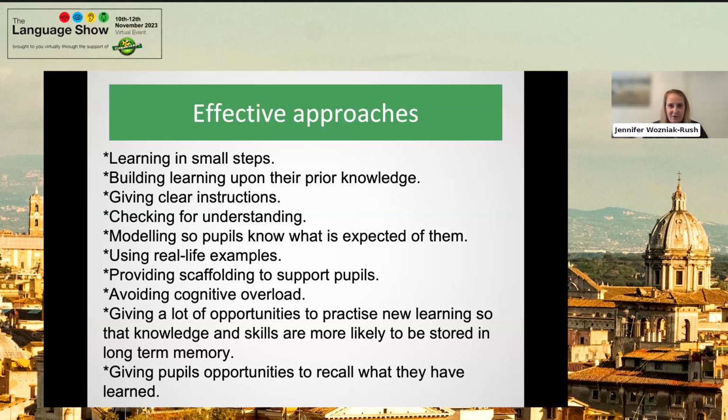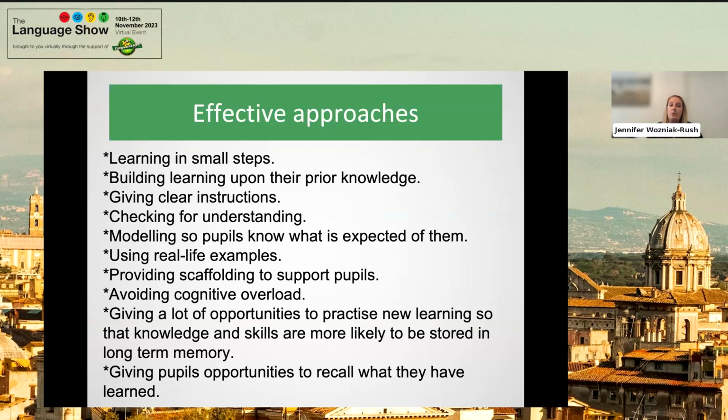is something that you need to revisit all the time. For example, we look at adjectival agreement in Year 7 personality, but then when we teach the topic of town, we revisit that and revisit it later. It's making sure that whatever we know our pupils find challenging or more difficult, we provide those opportunities to revisit as much as possible, not only in one context but in as many different contexts as possible.